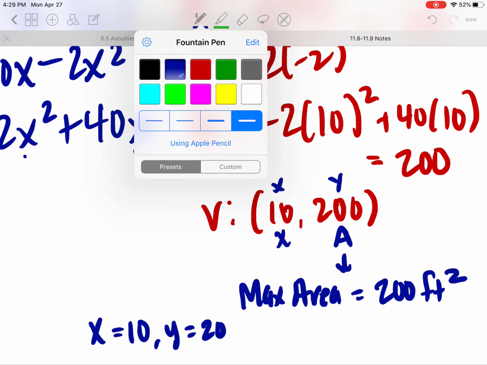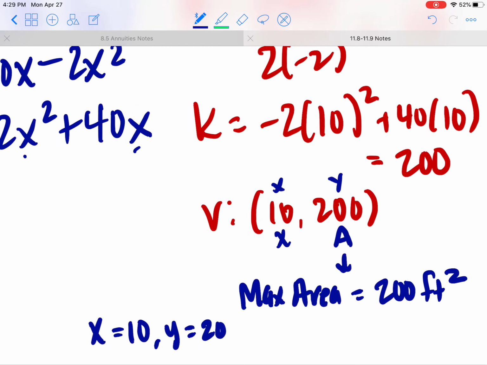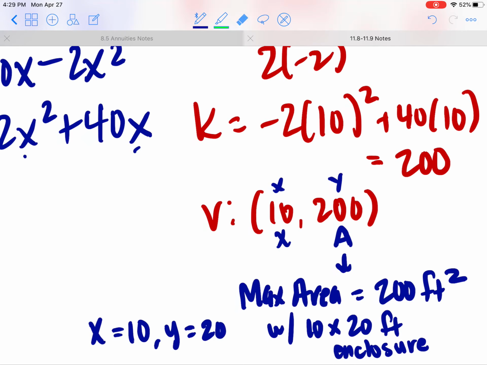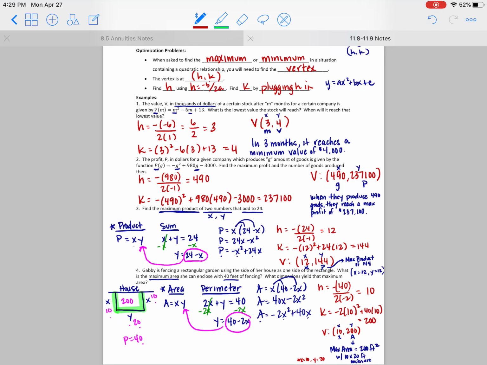So 10 is in the vertex, and then we determined that y has to equal 20. This tells me the maximum area is with a 10 by 20 foot enclosure.